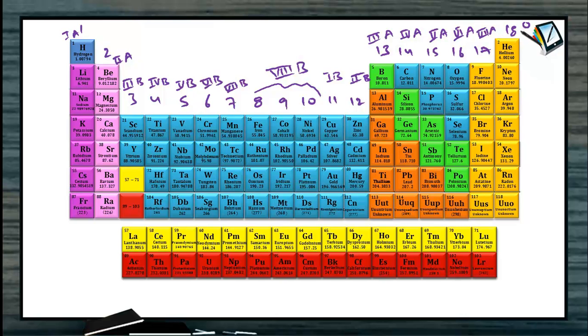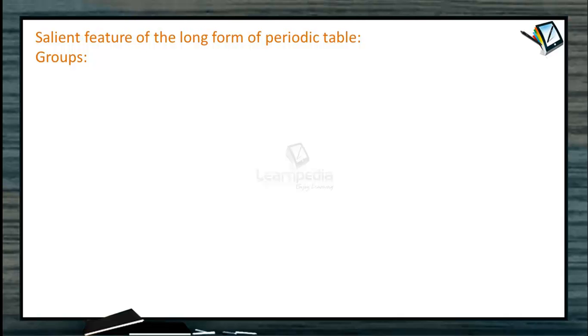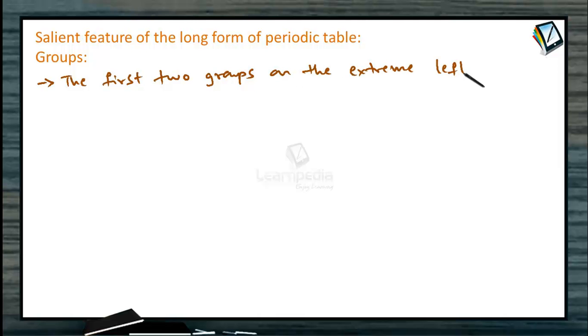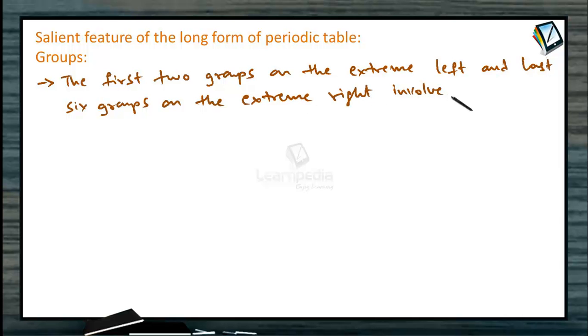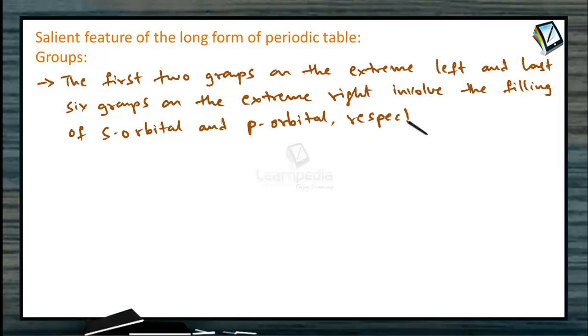Let's continue the discussion. We are discussing the groups in the periodic table. The first two groups on the extreme left hand side and the last 6 groups on the extreme right hand side involve the filling of the s orbital as well as the p orbital respectively.